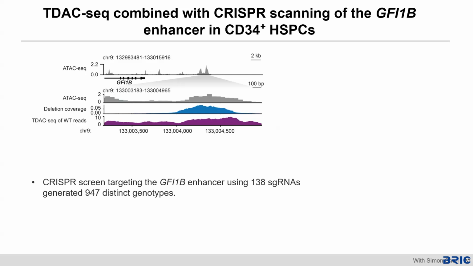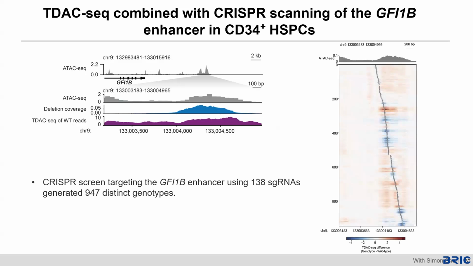In this screen, we used more than 100 guides, and this generated nearly 1,000 distinct genotypes. Here, I'm showing the TDAC results across all 947 genotypes, and just from a glimpse, the results seem to be more complex compared to our previous HS2 screen.